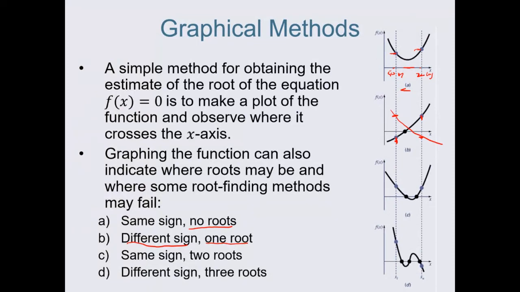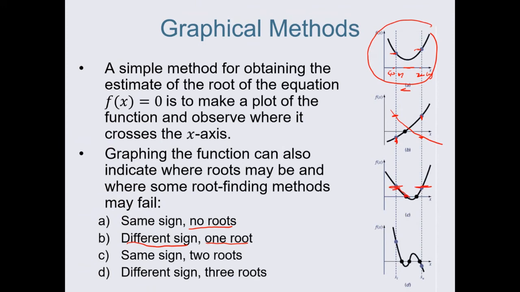We could sometimes also have the same sign, positive on both sides, and we think that we have a scenario like this where function values are the same on both sides, so we don't have a root. But if you plot, you might discover that you have actually two roots between these two values.